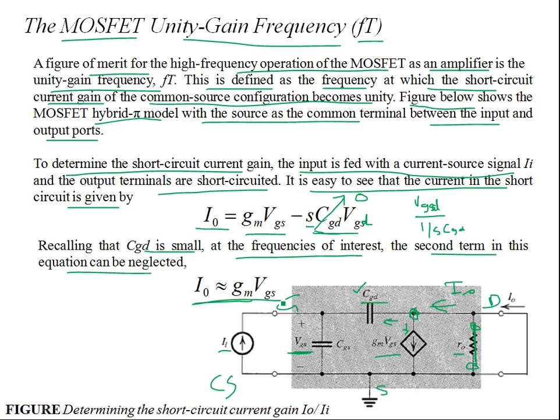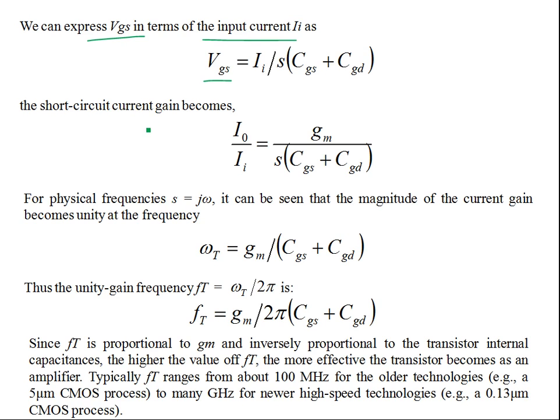Similarly, for the input current, if you apply KCL over here, the current in this branch is VGS times sCGS, the current in the branch with the capacitance between gate and source. The input current written in terms of VGS gives VGS equal to Ii over s(CGS plus CGD).